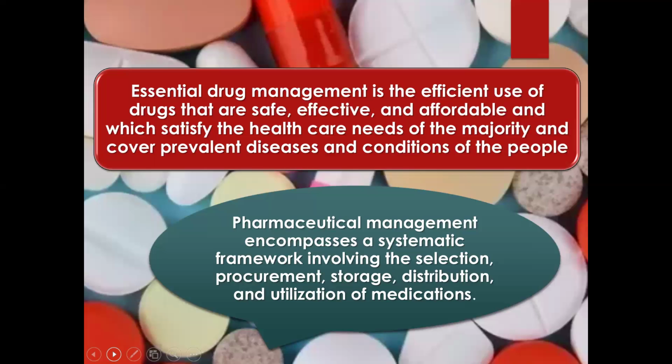As such, the selection process relies on evidence-based guidelines. There must be a guideline that is evident. Because over time, in a particular community, there are conditions that are common in that area. So that conditions or diseases that are common would guide the selection of these drugs.